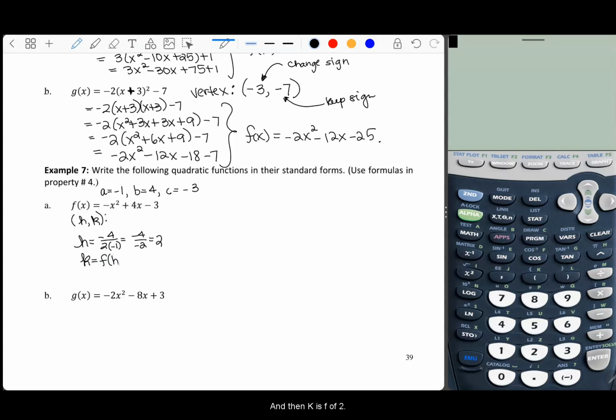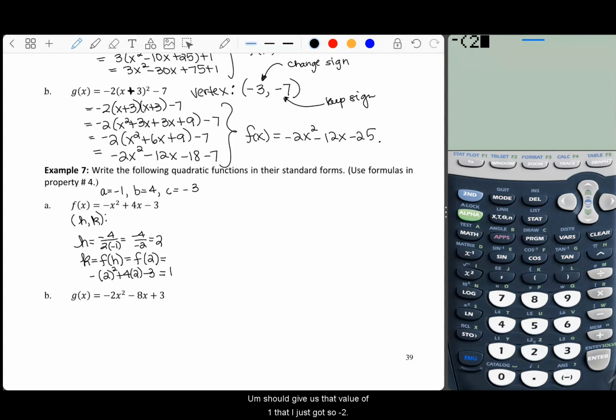And then k is f of 2. So I'm going to plug a 2 into my function, and I'm going to get a negative 2 squared plus 4 times a positive 2 minus 3. So I'm going to get negative 4, excuse me, plus 8 minus 3, which, if we throw it on our calculator real quickly, should give us that value of 1 that I just got.